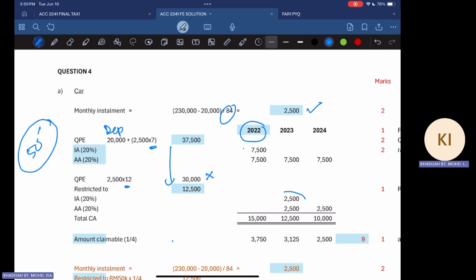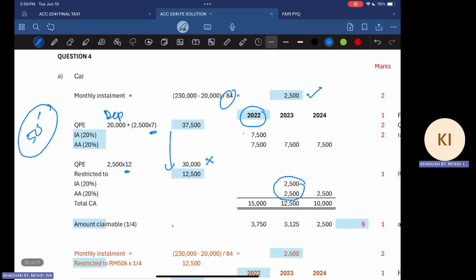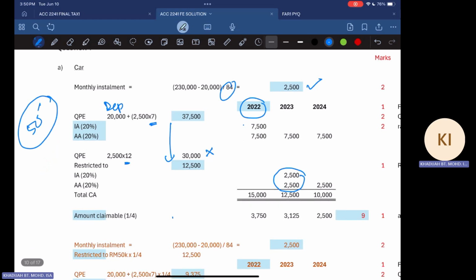So that's why you claim IA and AA based on 12,500, 20%, 20%, and claim another annual allowance in 2024 of 2,500. However, remember that it was mentioned in note number 2 that amount claimable is only 1/4.